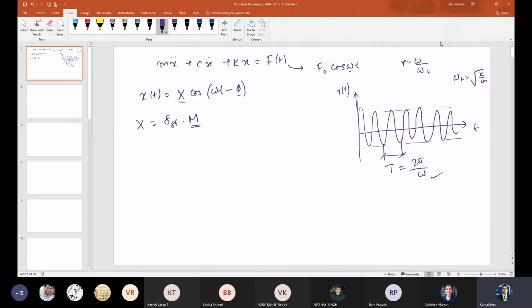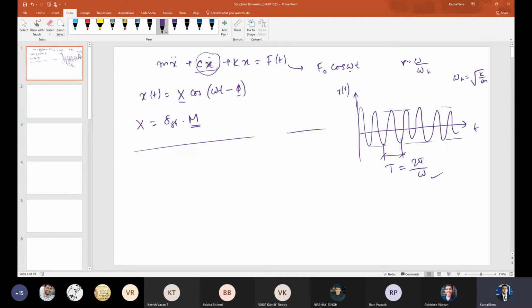Now we are going to find out the energy dissipation due to viscous damping, because we are considering the viscously damped system, where the force is proportional to the velocity, and c is the coefficient of viscous damping, right? This involves zeta, the damping ratio. Actually, we are going to find another way of finding the damping ratio, but before that we must derive some expression: how much energy is dissipated in each cycle of vibration.